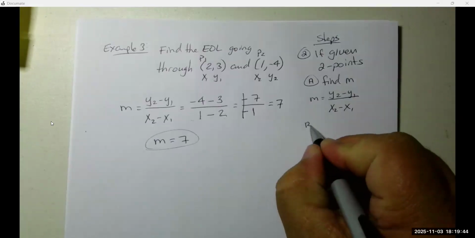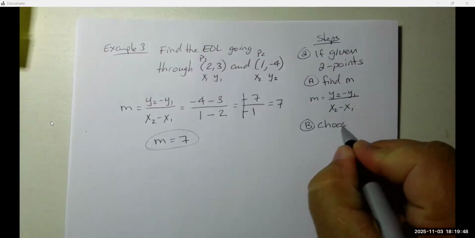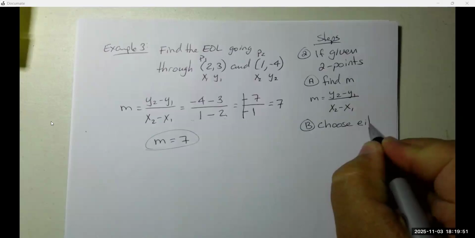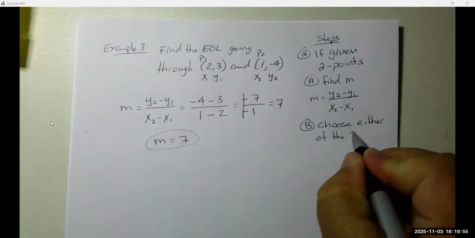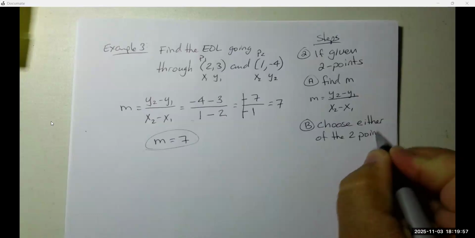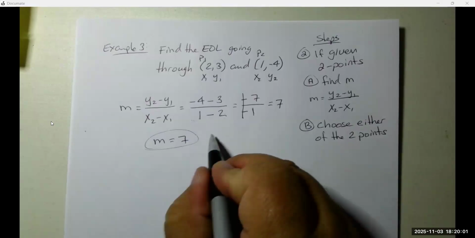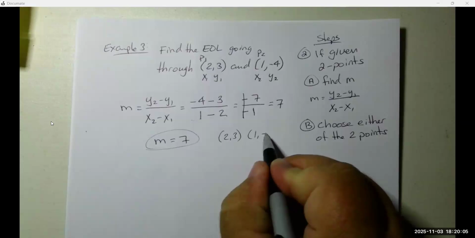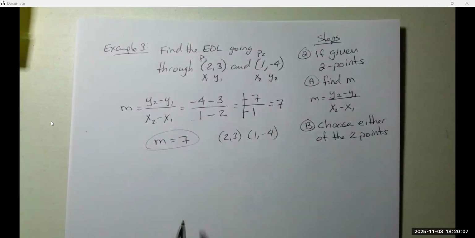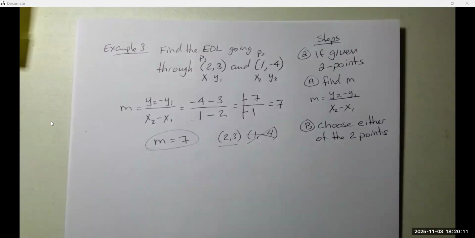The next thing we have to do is choose either of the 2 points. It doesn't matter which one, because we have 2 points to choose from. We have 2, 3, and we have 1, negative 4. I don't like dealing with negatives, so I'm choosing this point.